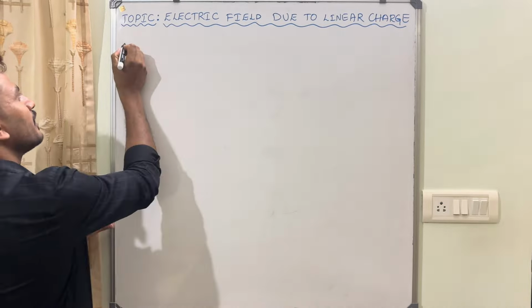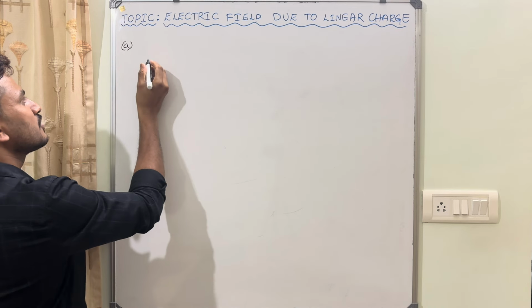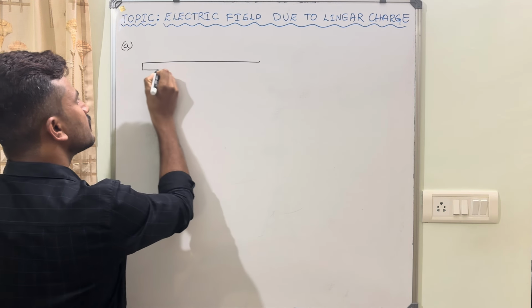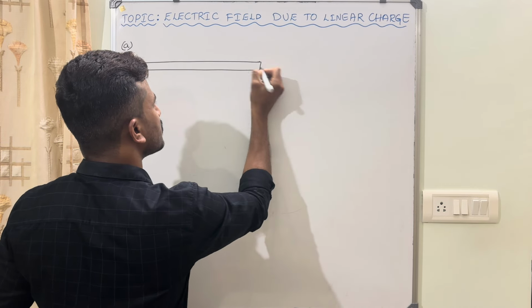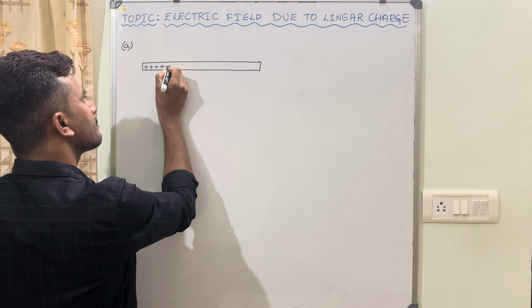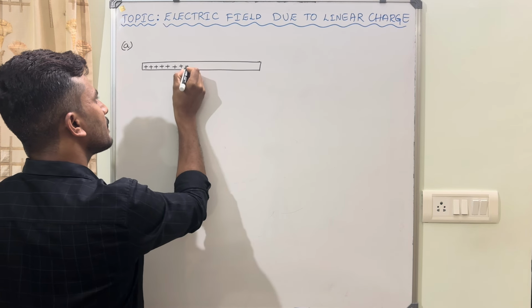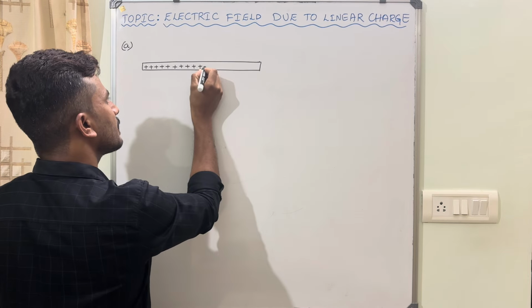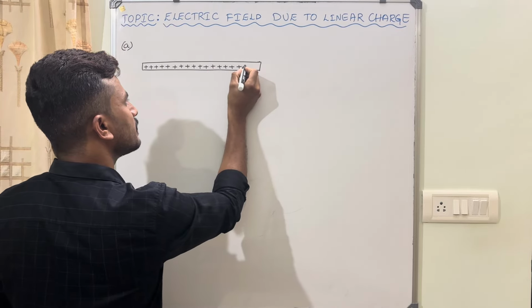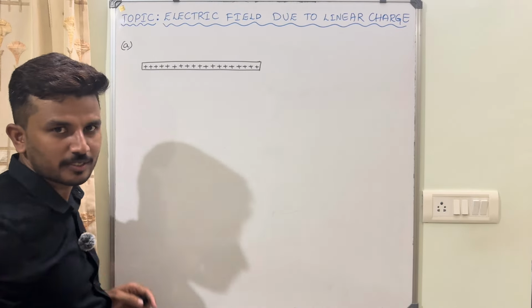First one, here we have a straight wire on which the charges are distributed.